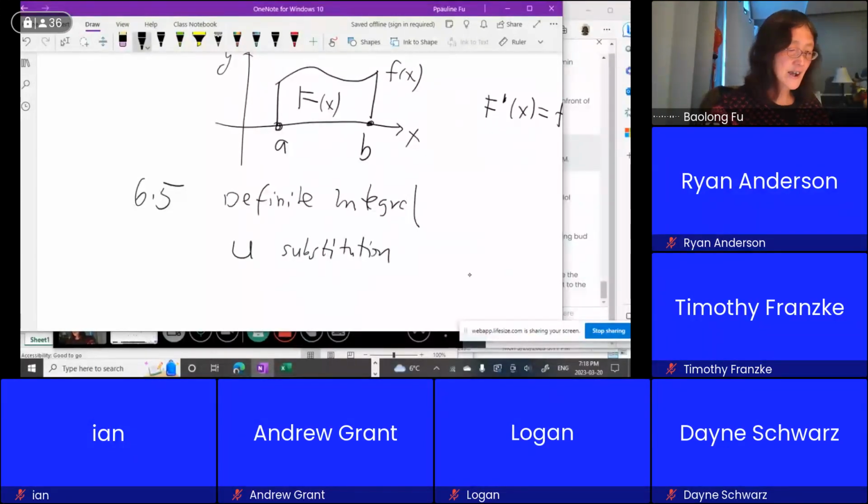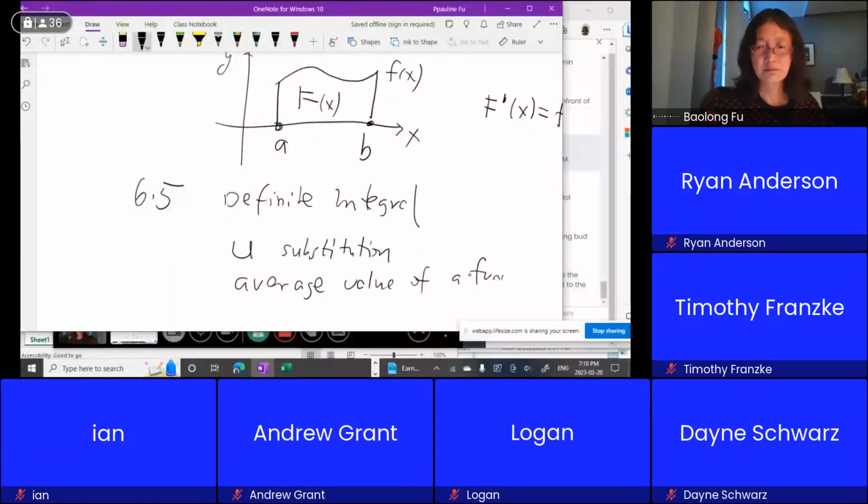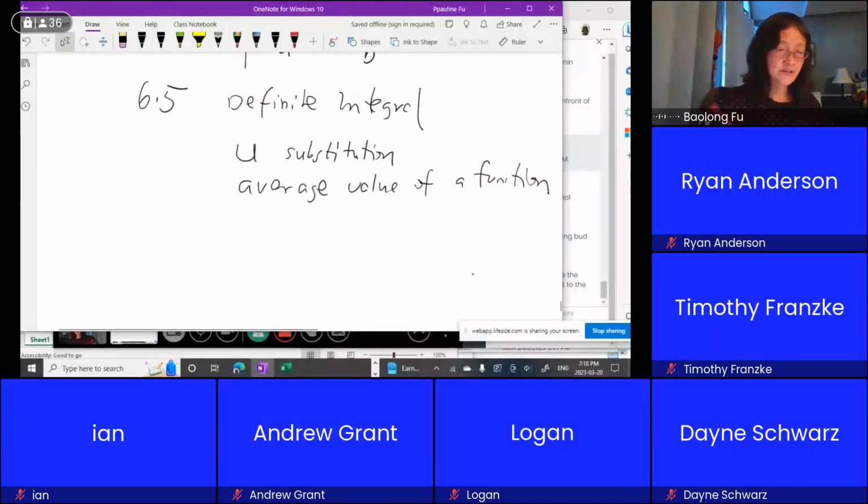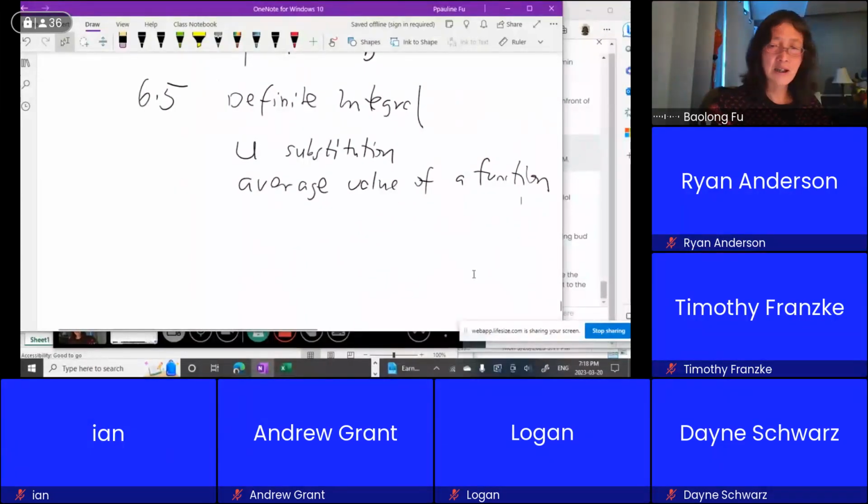And we also did the average value of a function, which is just this one.